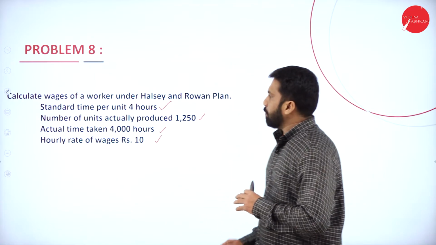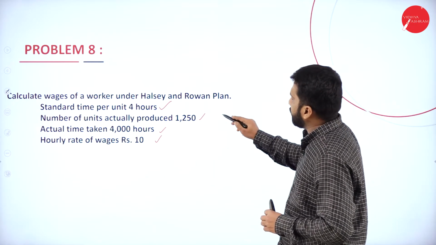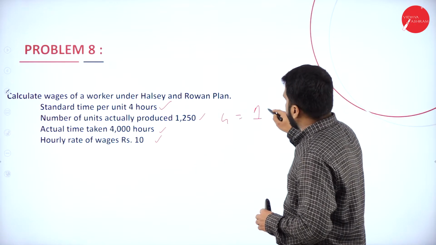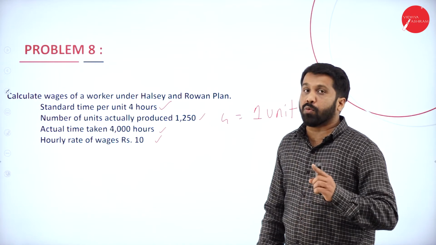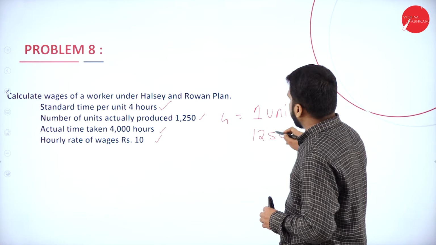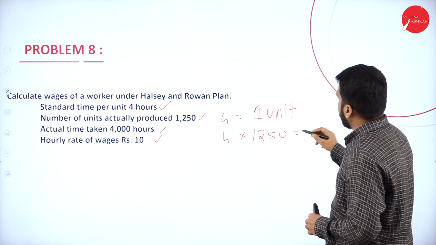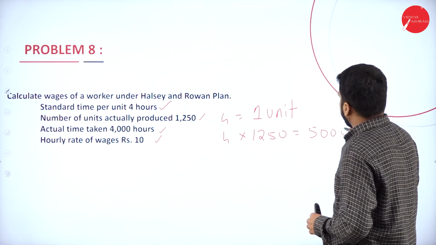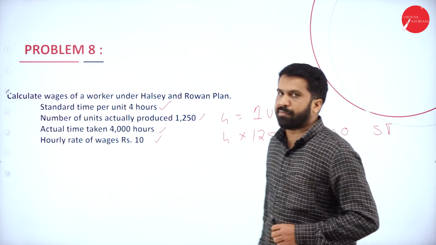Now, as per this, what happens? Standard time is 4 hours per unit. How many units have you produced? 1250 units. Multiplied by 4, you will get 5000.